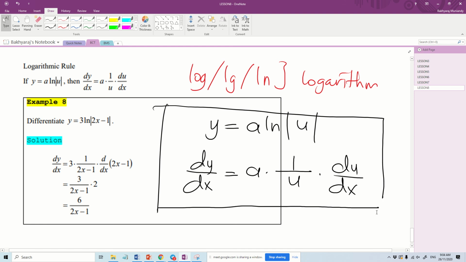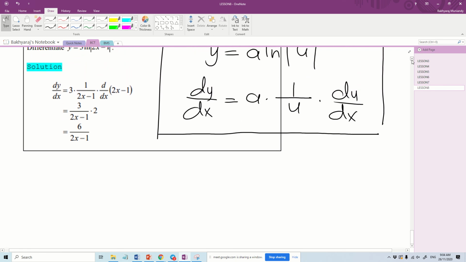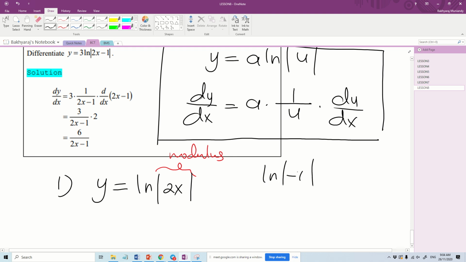Question number 1. Let's say I give you y equal log of modulus 2x. Modulus means that anything inside must be positive. Remember, if you press ln of negative 1 into the calculator, you get a maths error, because log cannot be negative.